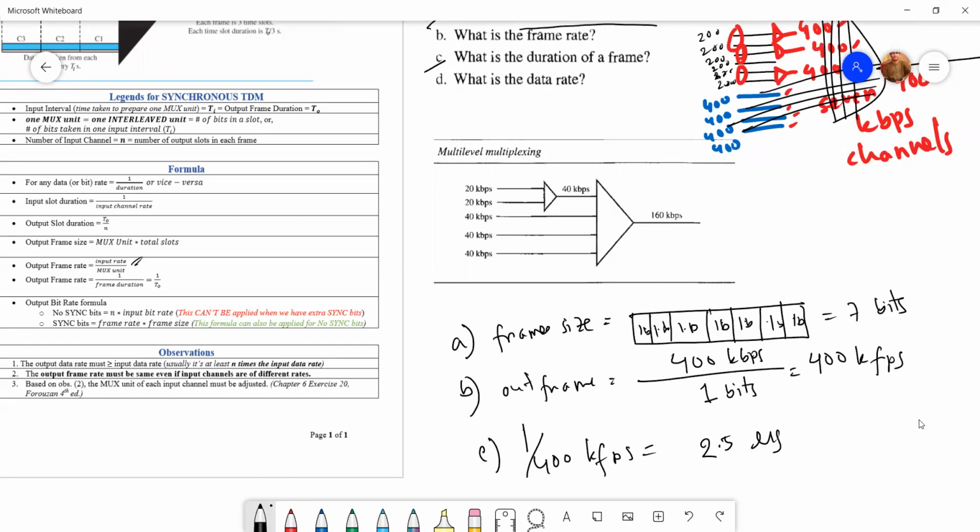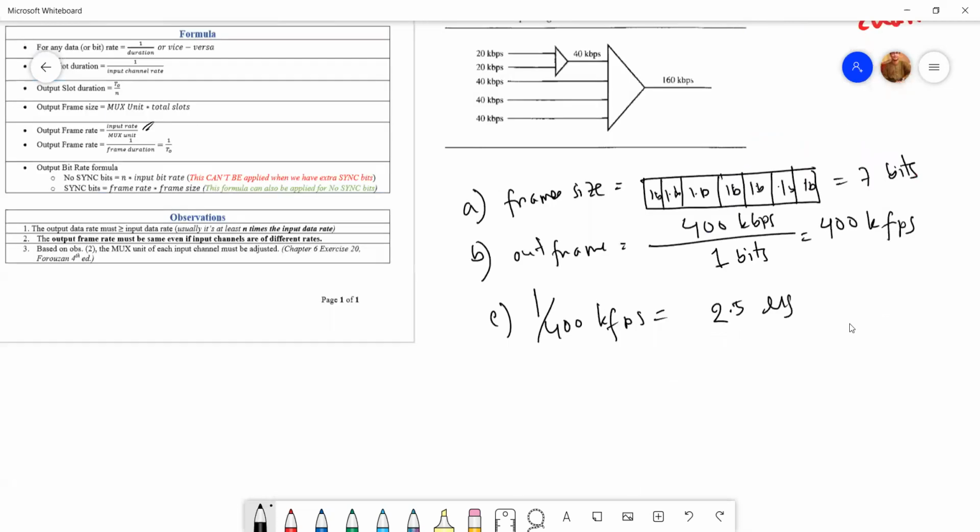And what is my data rate? Now we don't have any kind of synchronization bit, so we can use this formula, or we could use that formula too, whichever is preferable. In the modified version, we have 7 channels, because we have multiplexed them into the 400.